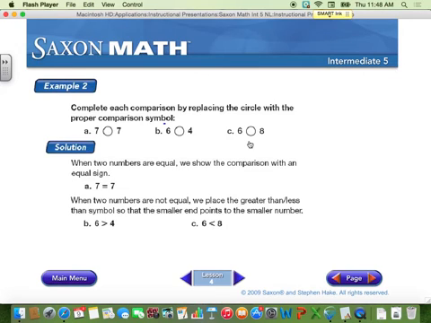So we see now on number C, 6 compared to 8. Is 6 greater or lesser than 8? We will see on C, 6 is less than 8. And that is where your symbol is pointing to the lesser number.